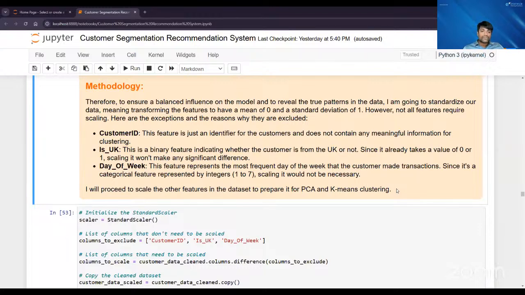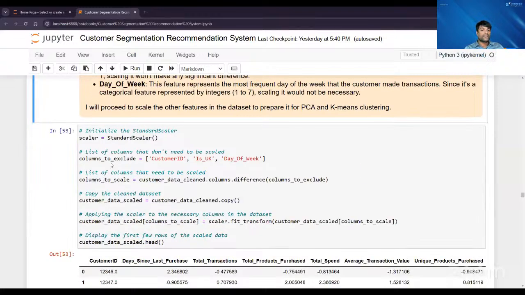Here, for the customer ID, we cannot do that. And for is UK and day of the week, we cannot do this either. So what we do is we give them encoding. Particularly for day of the week, we can give the encoding from 1 to 7, because standard scaler can only be done on numerical values.